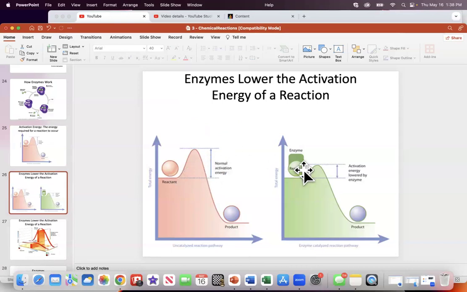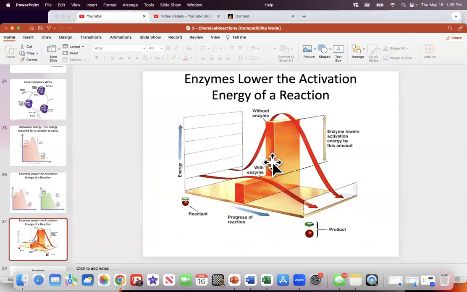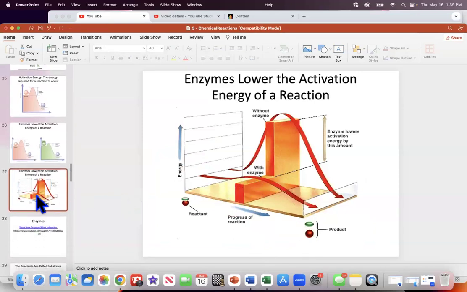So we use digestive enzymes to help the process to happen. The enzyme's job is to lower the energy required. If you don't have the enzyme, you have a big gap to go through. With the enzyme, you have a much smaller gap to go through. So it's much easier for this to happen. This is how enzymes work: they just lower the energy required for the chemical process to happen.